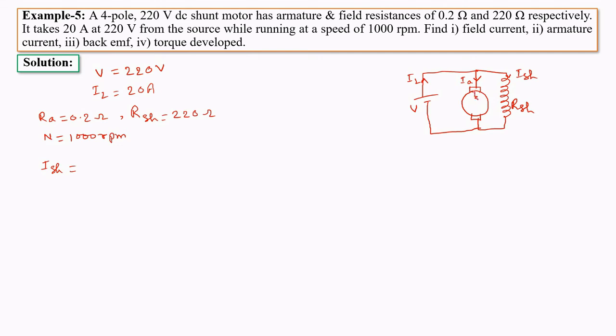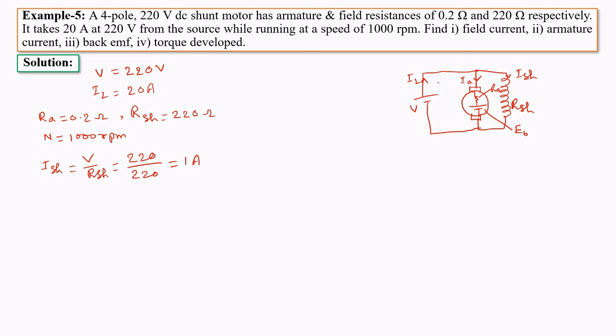Here it is the armature resistance RA, and this is the back EMF EB. So the value of ISH will be equal to V upon RSH. V is 220, RSH is also 220. So ISH will be equal to 1 ampere.